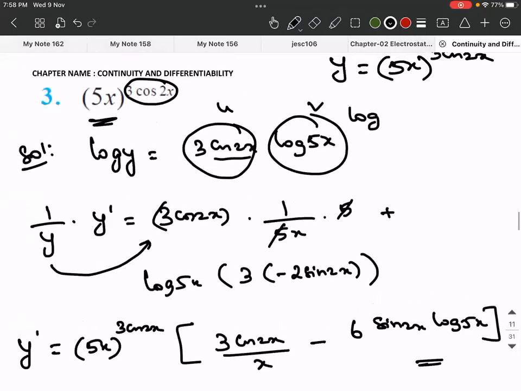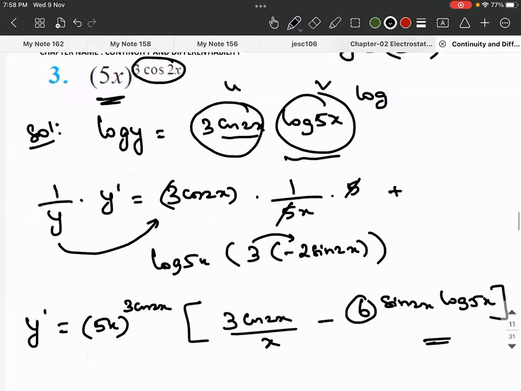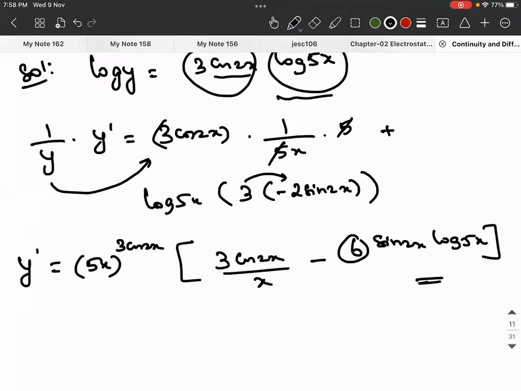Why will it? Because I multiplied 3 with 2 only, I got 6. Got it? Understood? Yes, sir. So I repeat, if there is anyone who is not clear, please don't hesitate, ask.